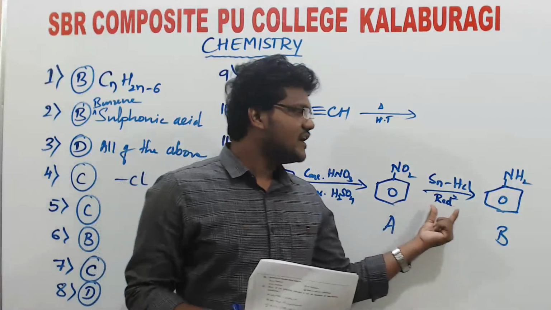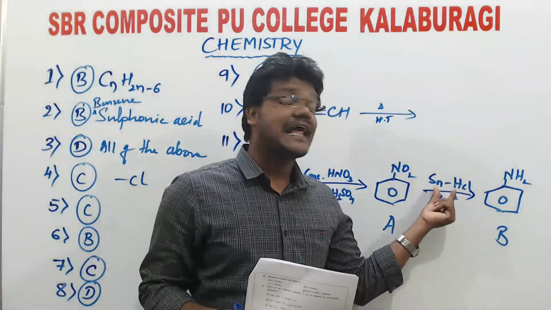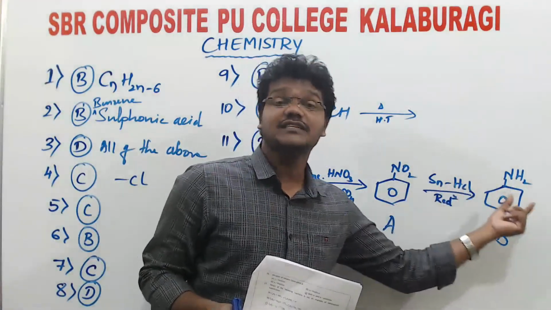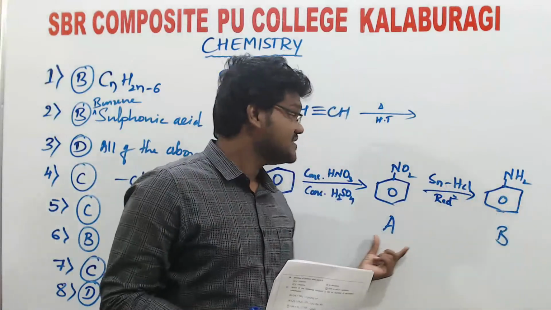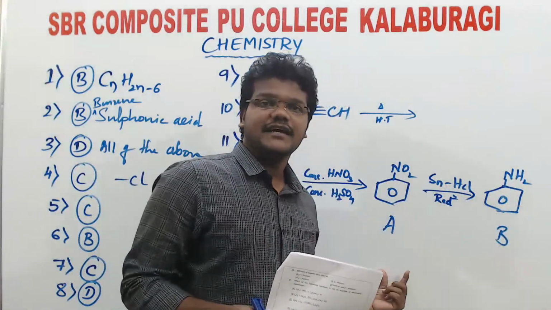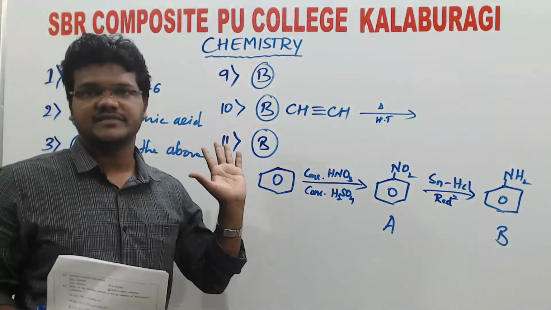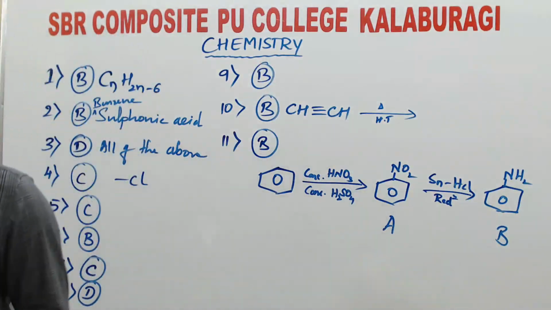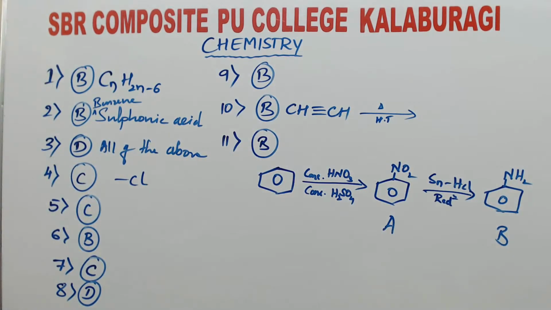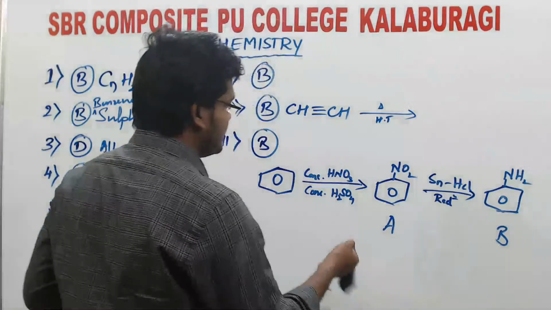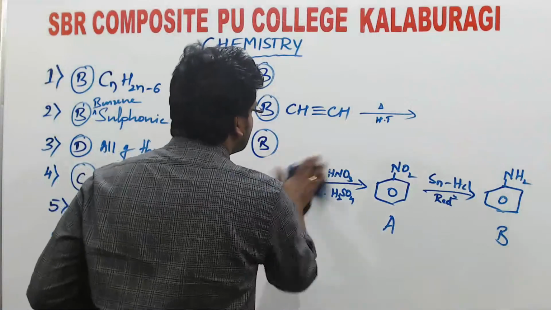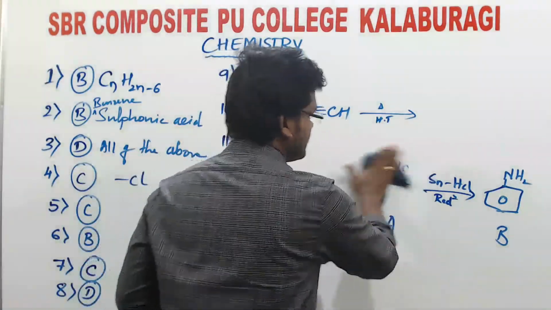This nitrobenzene undergoes reduction in presence of stannous and HCl, NO2 gets converted to NH2, so nitrobenzene is reduced to aniline. That is why it is option B. Okay, let's go for the next question.